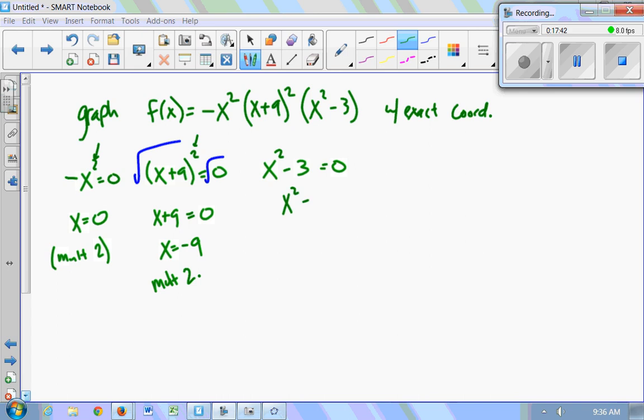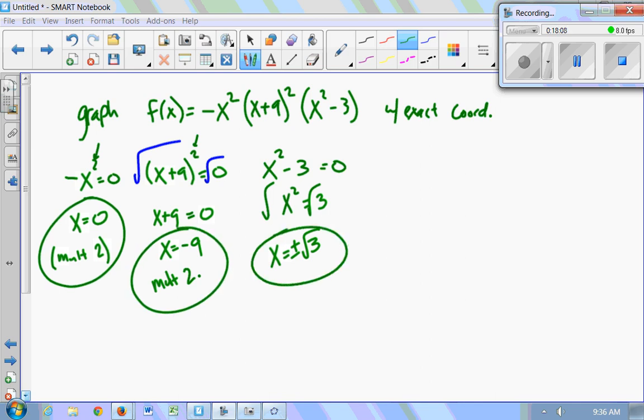And then here I have x squared equals 3, square root, and I get x equals what? Plus or minus the square root of 3. Yep. And each one has multiplicity 2. So we know the zeros.